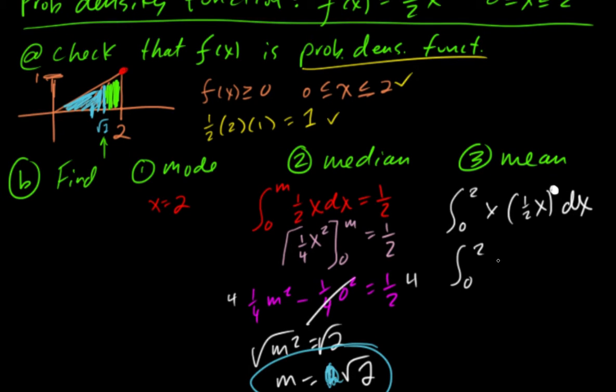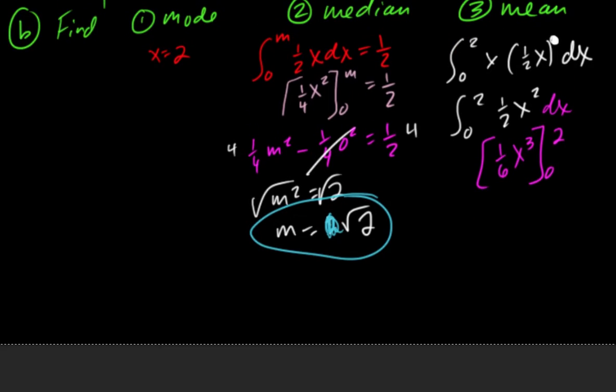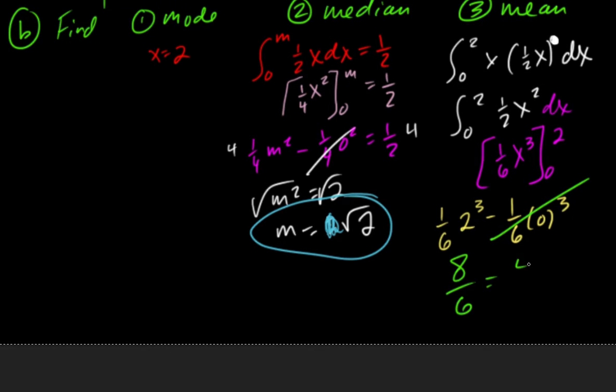So we're going to find the integral of 1/2 x squared dx. We raise that, divide by it, and then evaluate from 0 to 2. So we plug in a 2, plug in a 0, this goes away, that's going to be 8 over 6, which is 4 over 3.